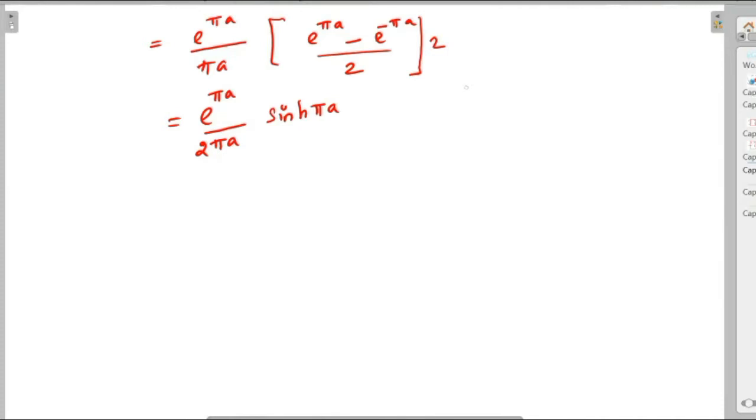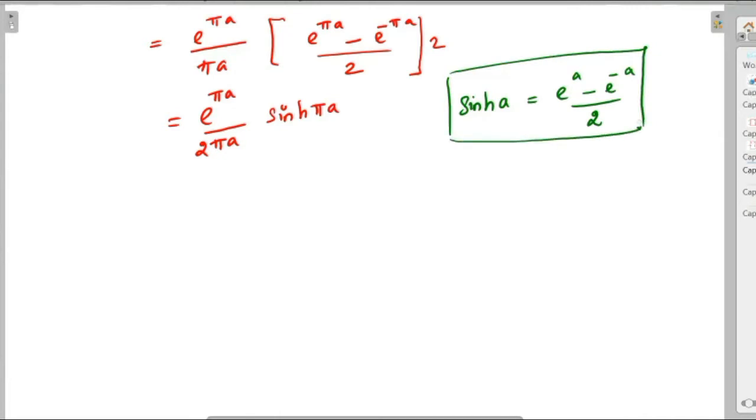Already you know the formula: sin h a equal to e power a minus e power minus a divided by 2. This is the formula for hyperbolic function. So I have replaced this term to e power pi a divided by 2 pi a into sin h pi a. This is a naught.